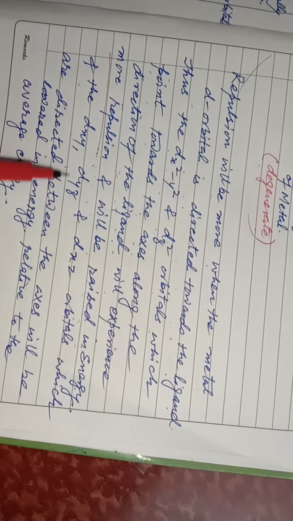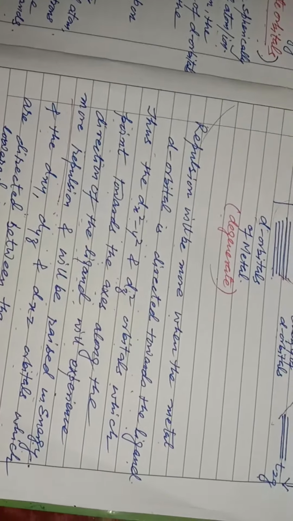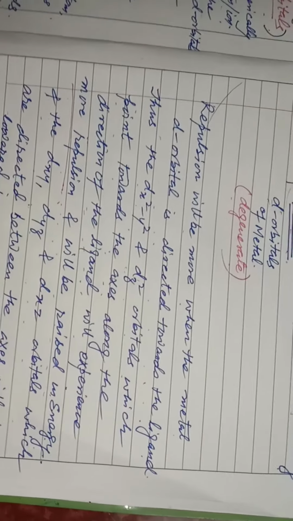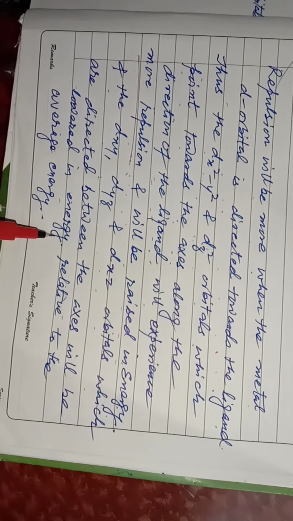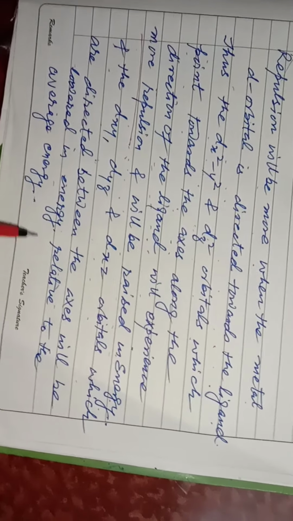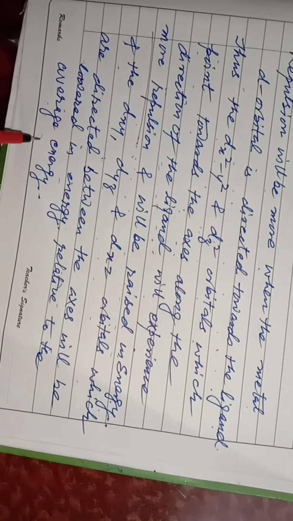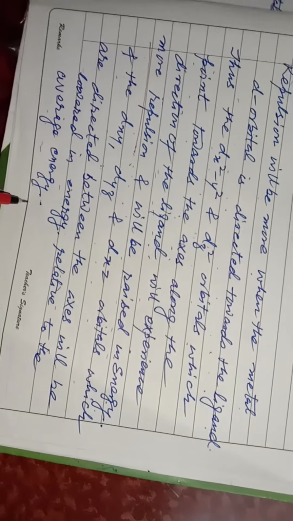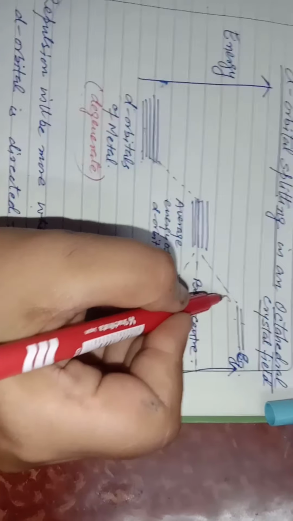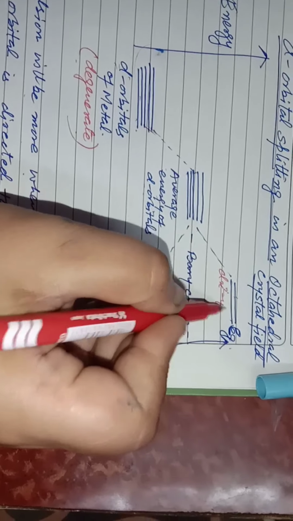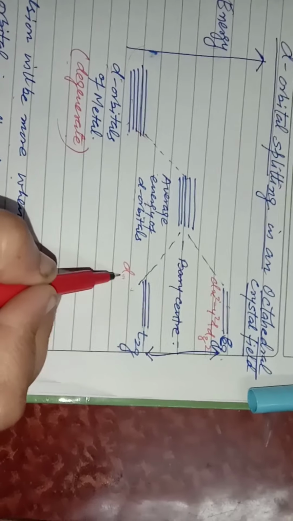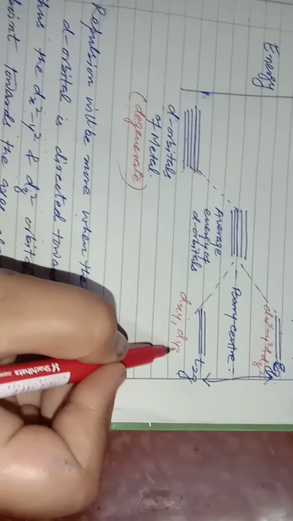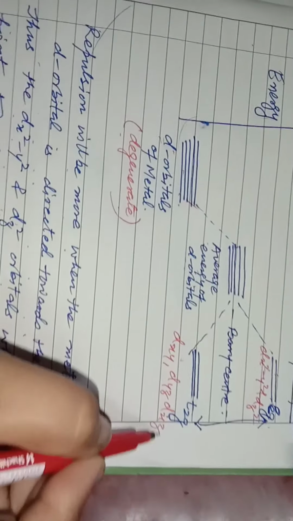And the dxy, dyz and dxz orbitals which are directed between the axes will be lowered in energy relative to the average energy. Here it is Eg, these two orbitals are dx square minus y square and dz square, and here we have dxy, dyz and dxz.